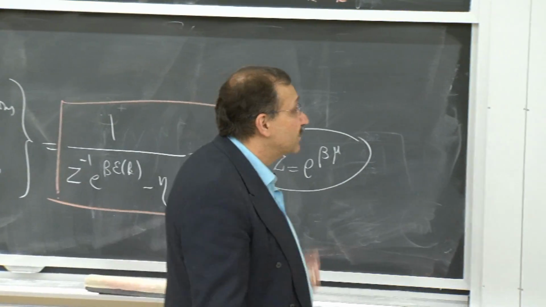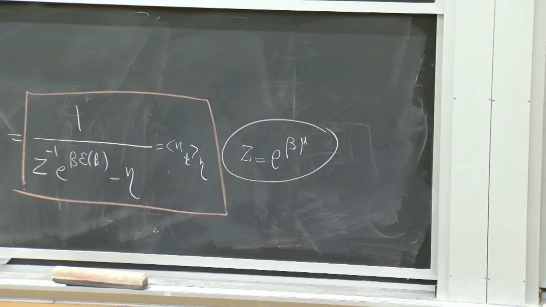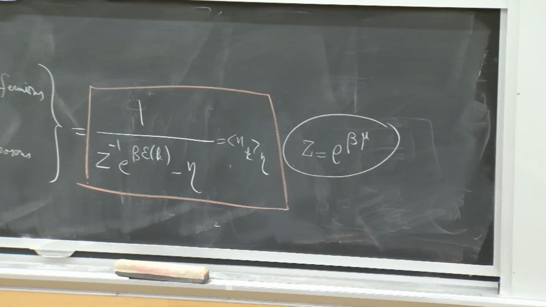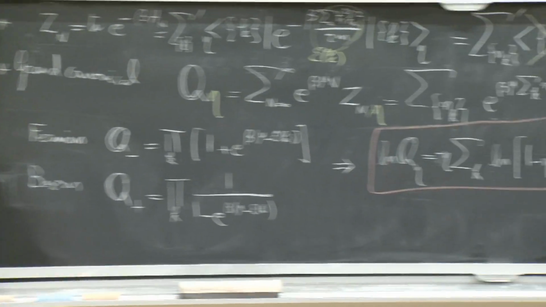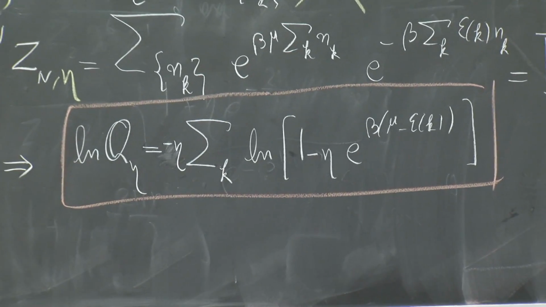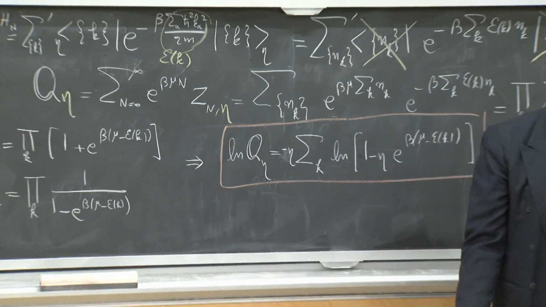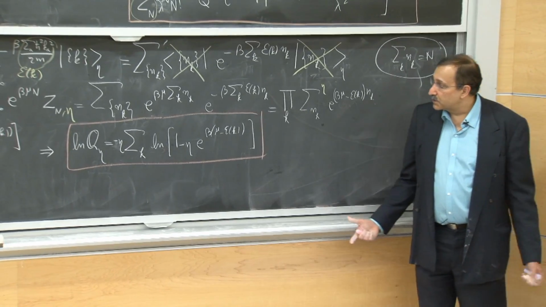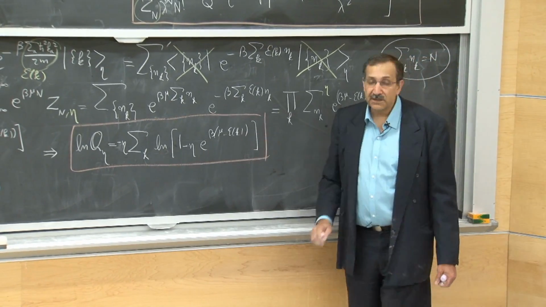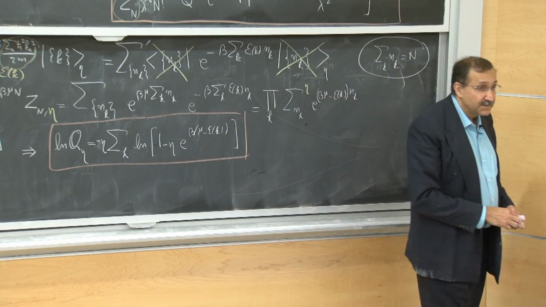So for this system of non-interacting particles that are identical, we have expressions for log of the grand partition function, the grand potential, and for the average number of particles, which is an appropriate derivative of this, expressed in terms of the single particle energy levels and the chemical potential.